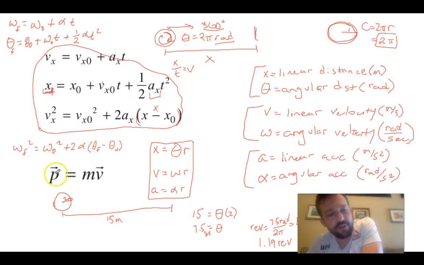I do have another formula, another work problem on the worksheet where they use angular momentum, but I'll do that on the worksheet if you need it. So look at the final problem that I do in order to see what the formula would be.